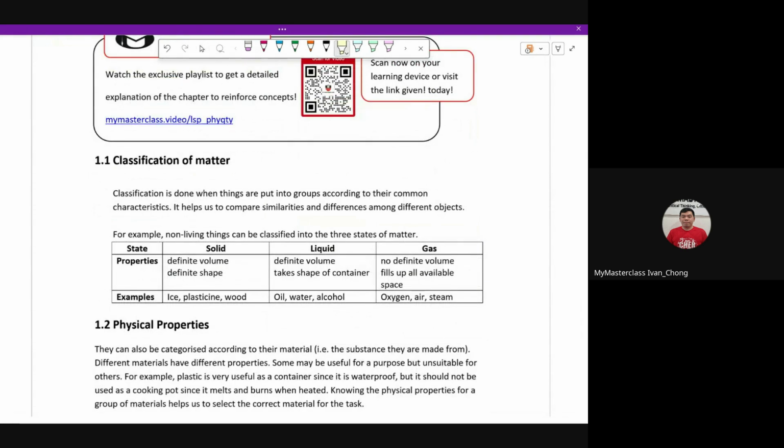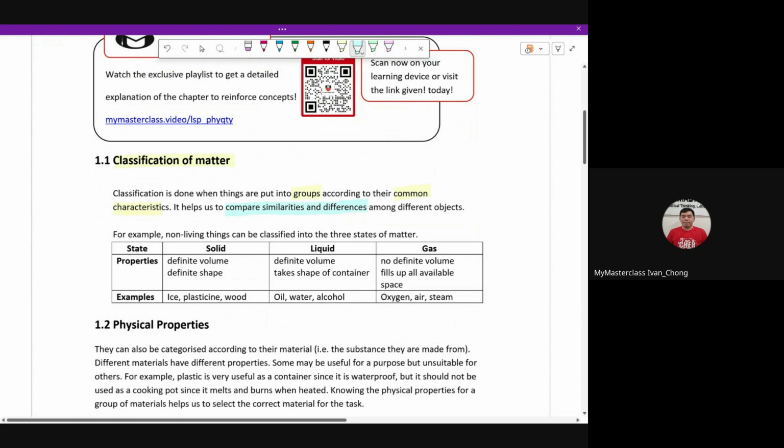Now, why do we need to classify matter in the first place? Because we just want to make things simpler, because there are so many different types of materials or even matter itself. By placing them into groups based on common characteristics, it becomes very simple to compare similarities and differences.